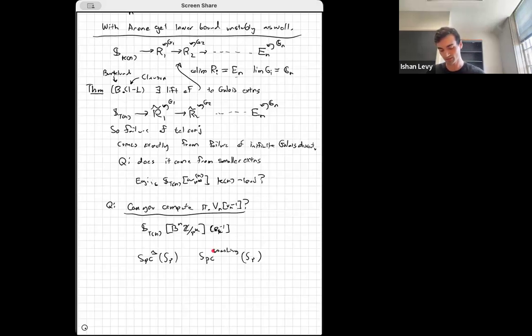I think there's a map this way, and the pre-image of the point corresponding to height n is measuring the failure of the telescope conjecture as some topological space. And we don't really understand that at all, other than the fact that it's not just a single point for n at least two.